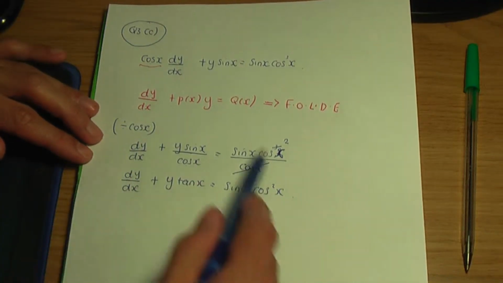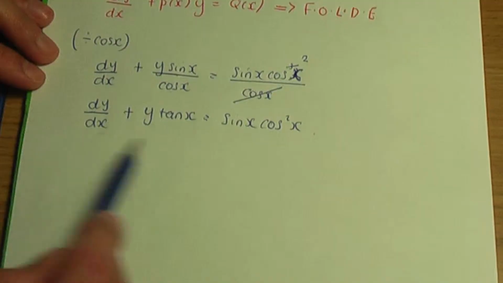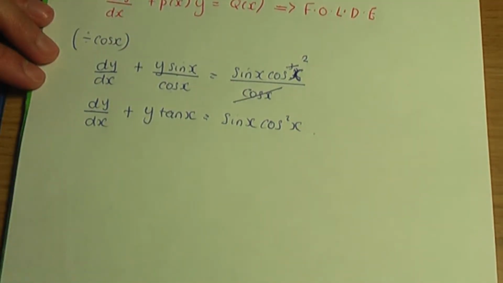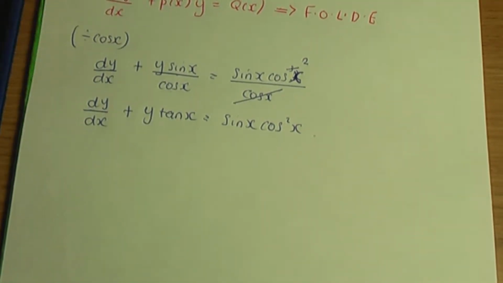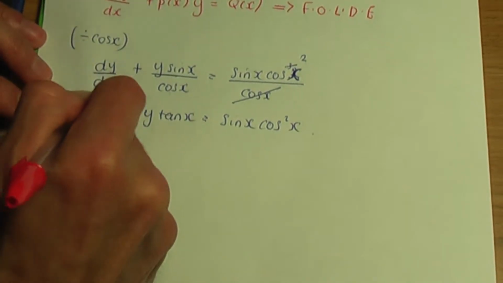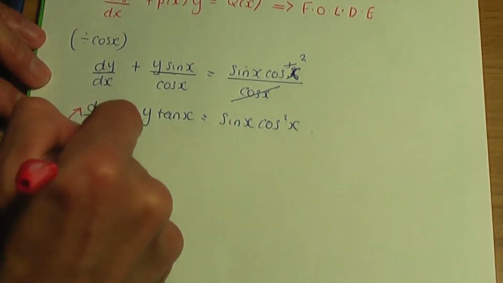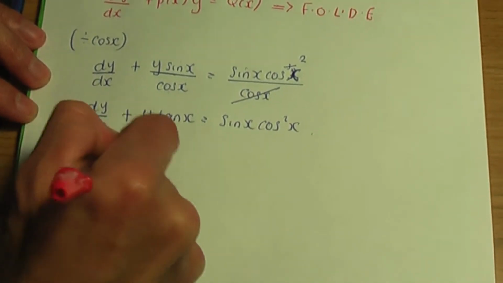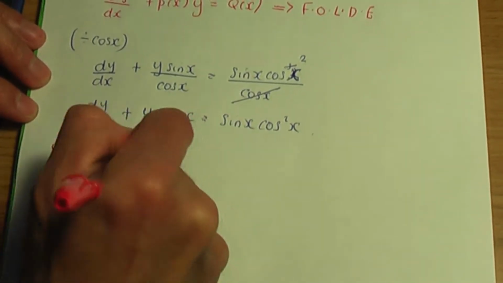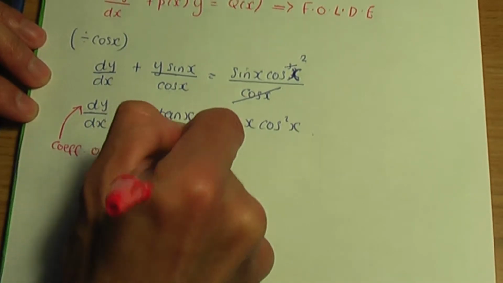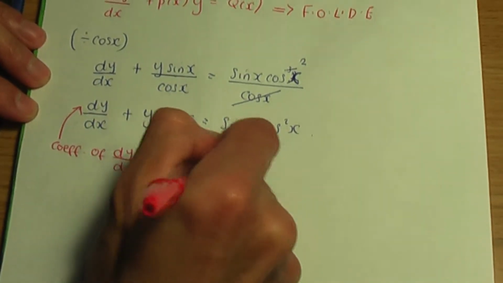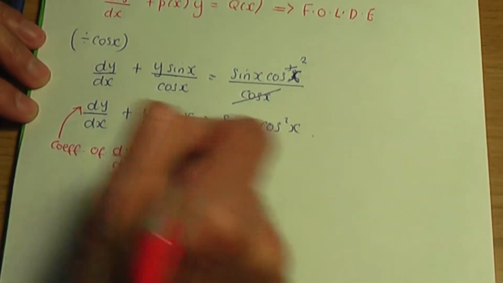Now as a result of our rearrangement, our equation here is in standard form, because the coefficient of dy over dx here is 1. So since the coefficient of dy over dx is already 1, this equation here is in standard form.